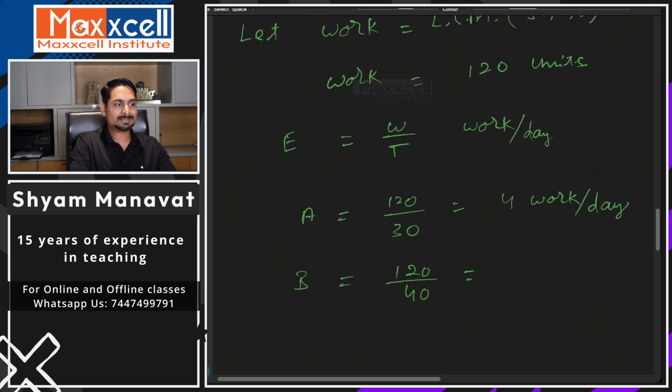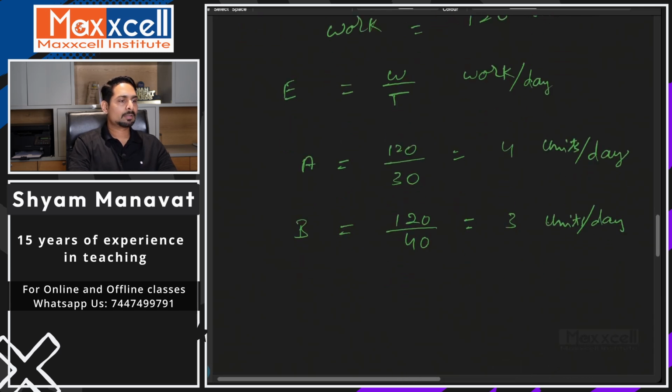So what is B's efficiency here? 3 units of work per day. I hope you are clear. Units of work per day, 3 units per day.